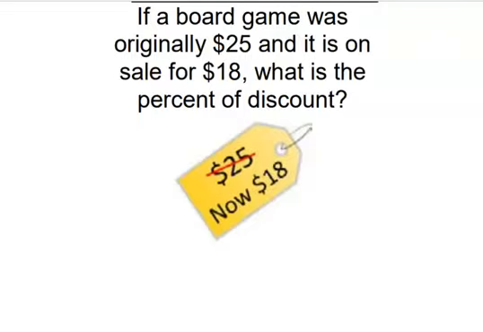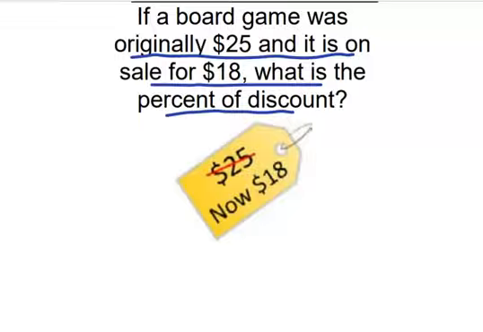Okay, if a board game was originally $25 and is on sale and you can buy it for $18, what is the percent of discount? All right, there are so many different ways you can do this, but I think probably one of the most logical is to take the original price, which was $25, and subtract the price that it is now. And if you do that, you have 25 minus 18, which is 7.